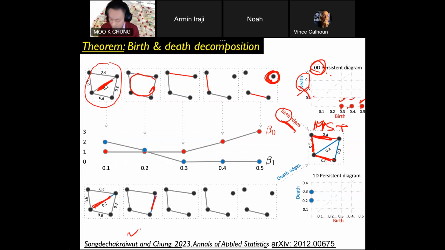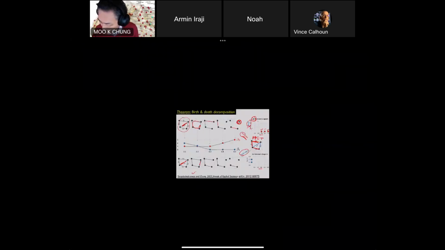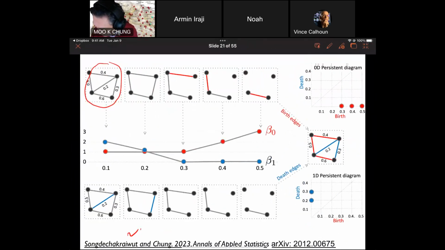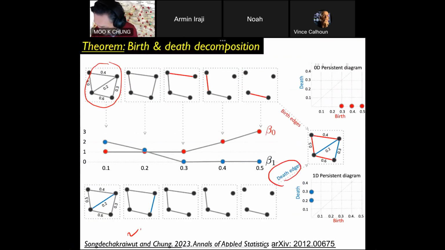So they are called the death set or death edges. And any edges that are not part of the birth set will be death edges. So we have a maximum spanning tree that is responsible for creating a connected component, and all other edges are responsible for destroying a cycle.